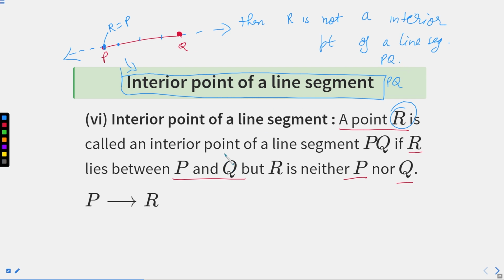Okay, I hope this is clear. So the main thing to remember here is that R must be in between P and Q, but not on P and not on Q. Okay.